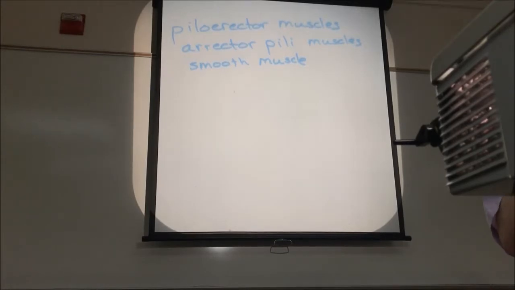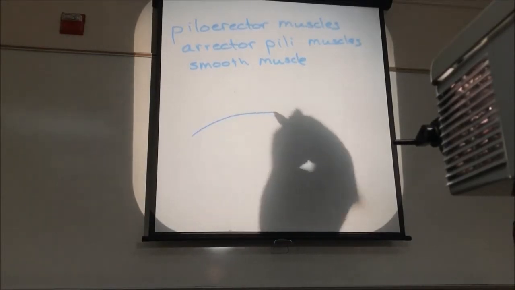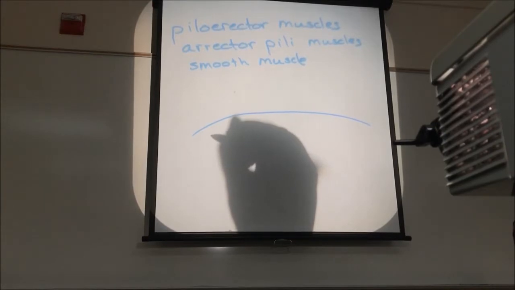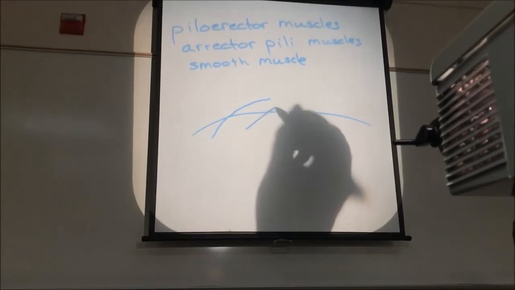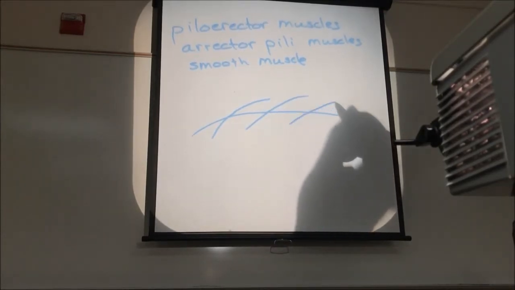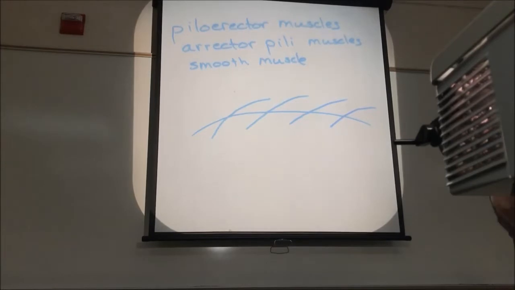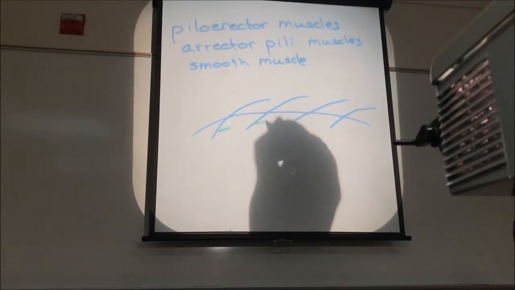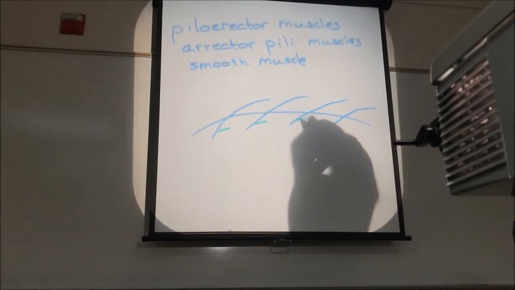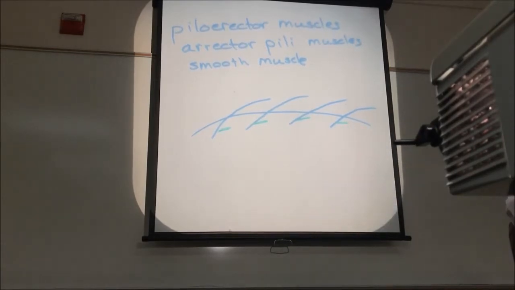Again, I apologize for the fact that I can't draw. So when you are just looking at your hair, on your arms, on your legs, typically the hair is emerging from the epidermis at an angle. So the hair lies down sort of flat. Now, these muscles are at an angle, and muscles contract, they get shorter.